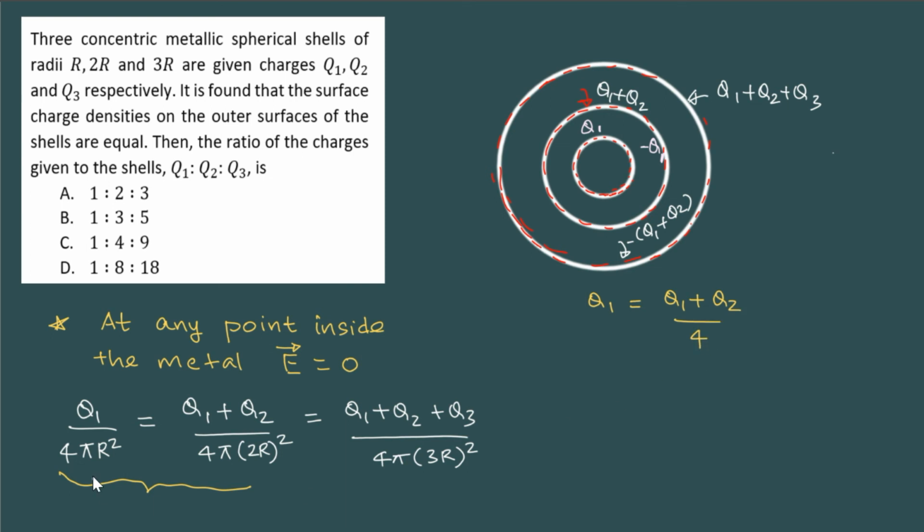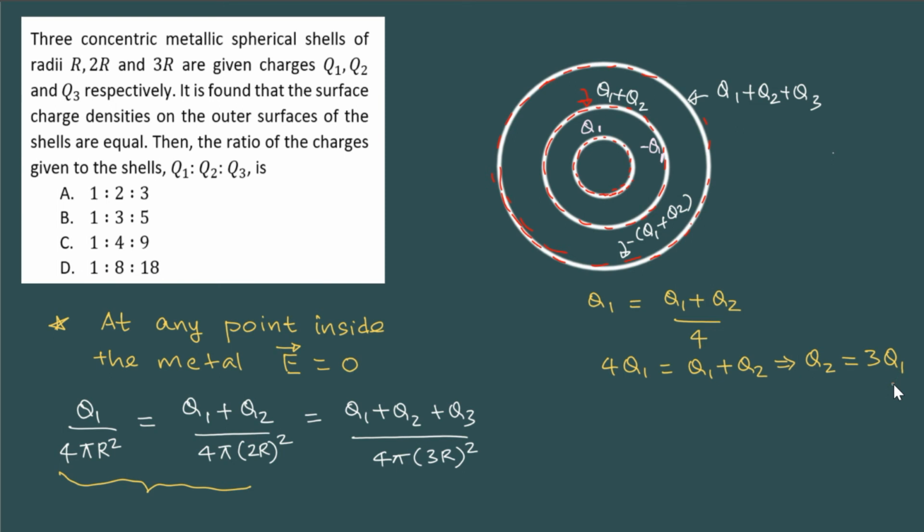So 4Q1 is Q1 plus Q2. From here I can say Q2 is 3Q1.